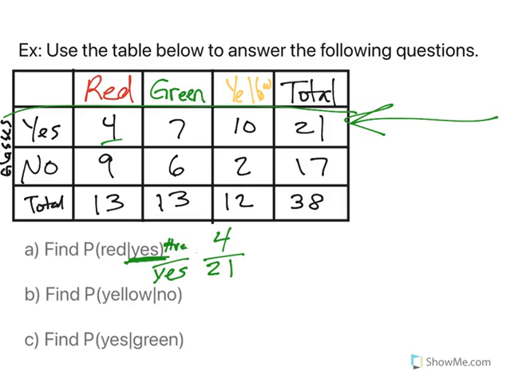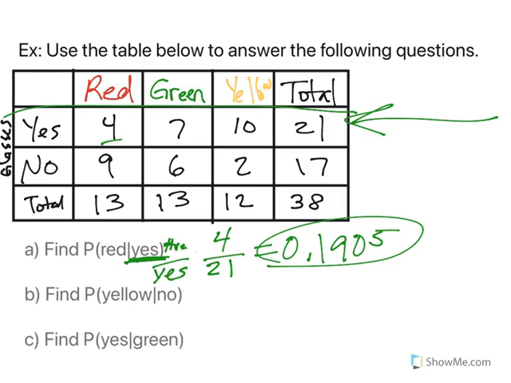Given that the answer is yes to glasses, the probability of a red shirt is 4 out of 21. That should make sense. Say a kid dropped their backpack. What do you know about them? They were wearing glasses. Given there are 21 kids with glasses, I think they're wearing a red shirt. 4 out of 21. We're only looking at the 21 kids with glasses to see who dropped their backpack.